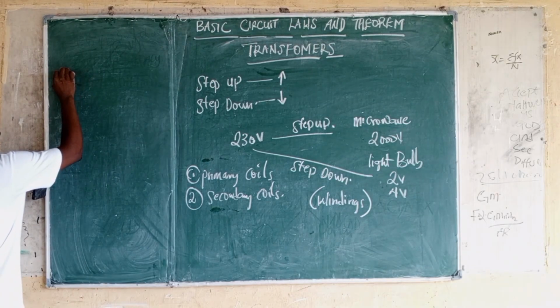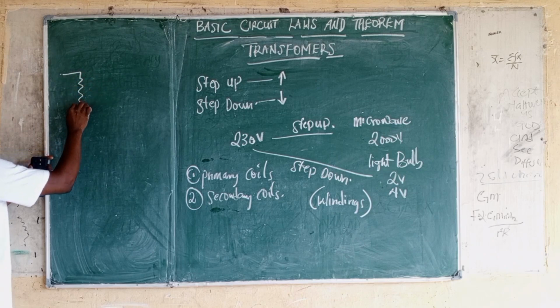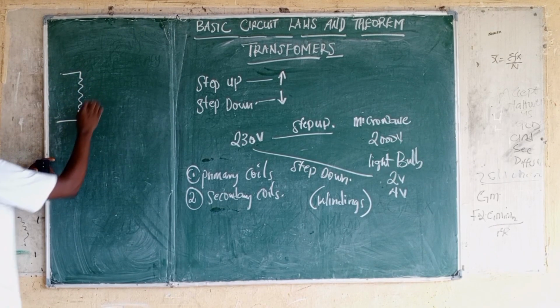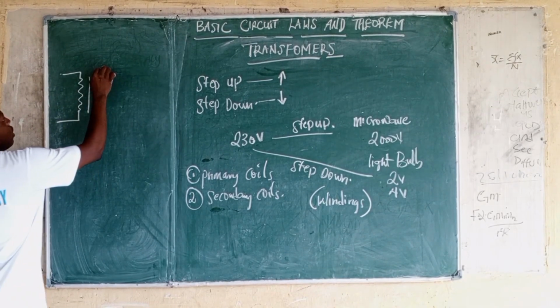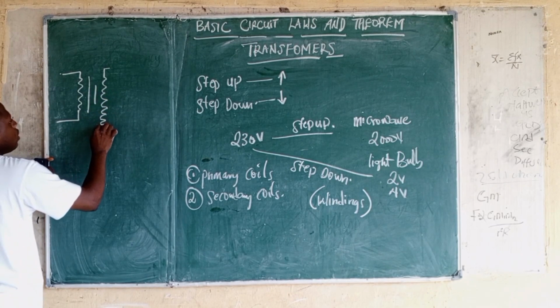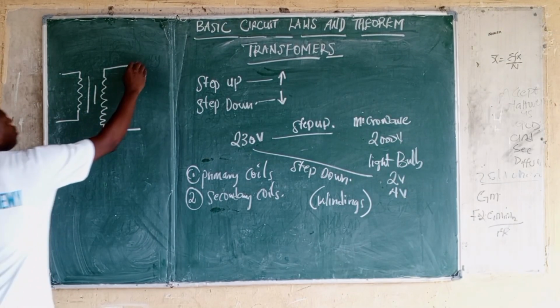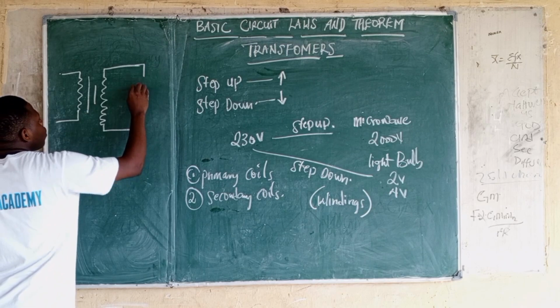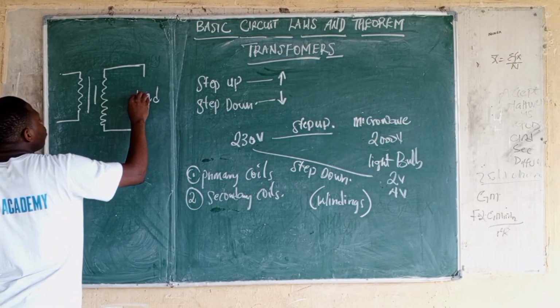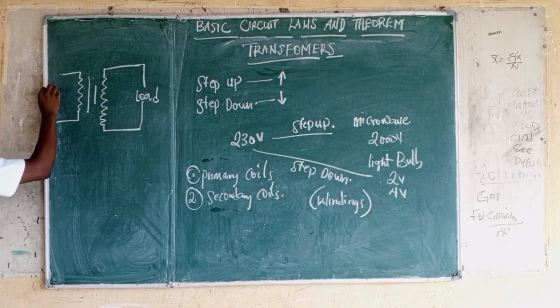Let's take this transformer as a case study. Let's say we have a transformer of this nature. This is a transformer. I told you one side is connected to the load, while the other one is connected to an AC source.